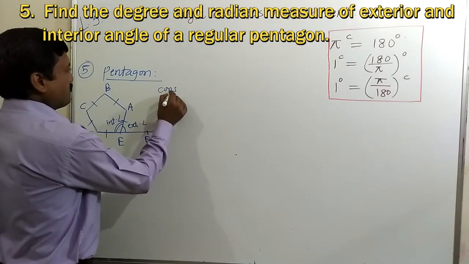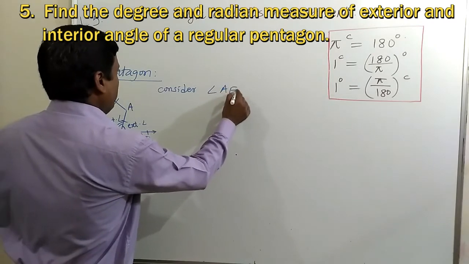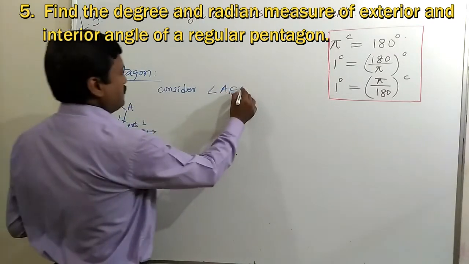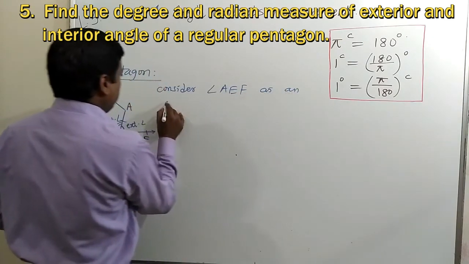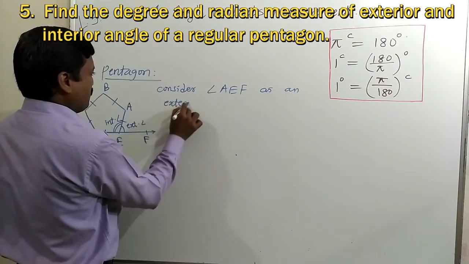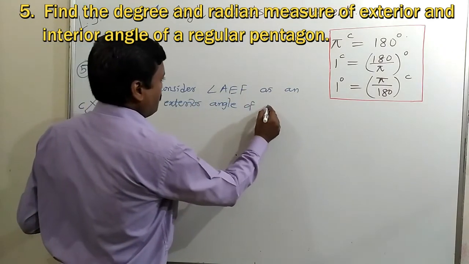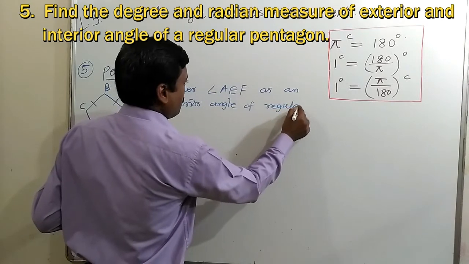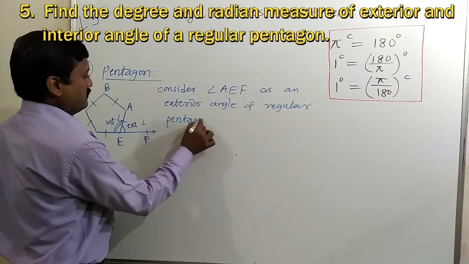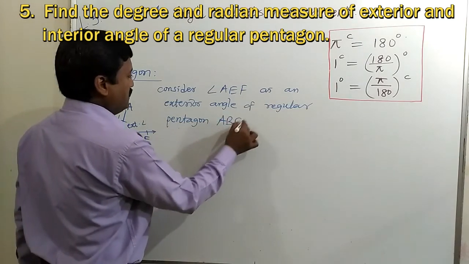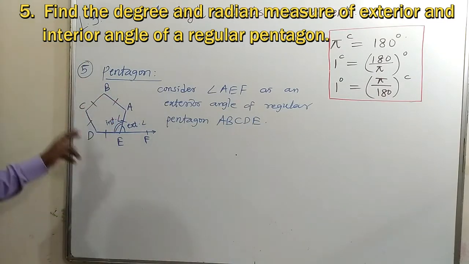Consider angle AEF as an exterior angle of regular polygon A, B, C, D, E. So ABCDE is our regular pentagon.